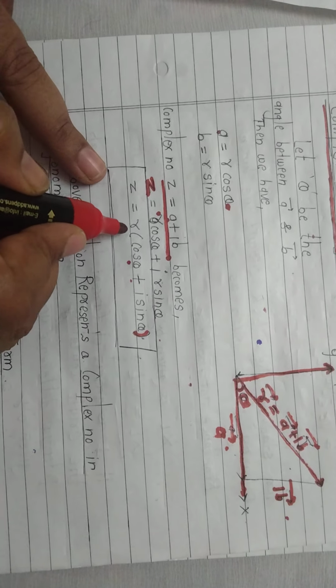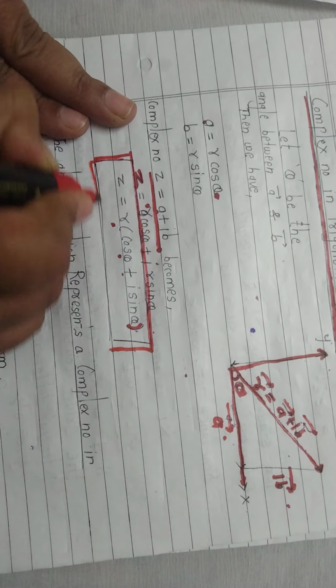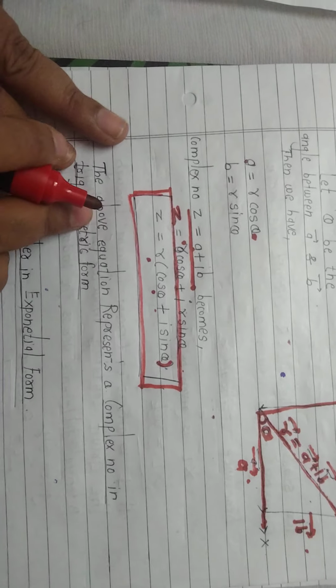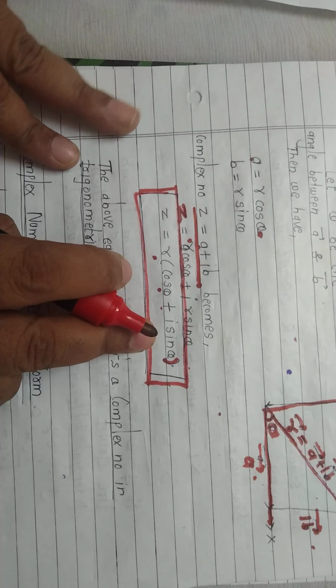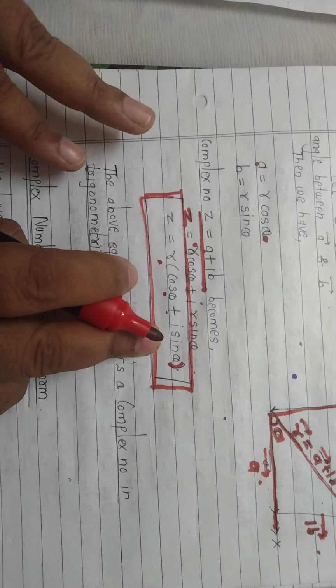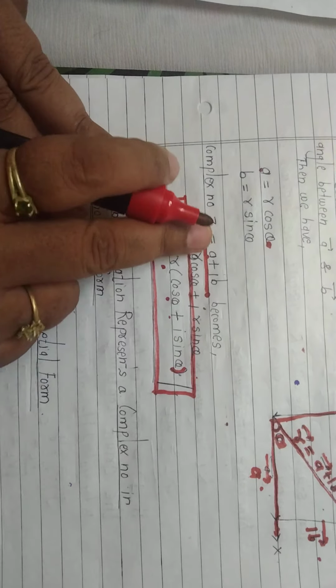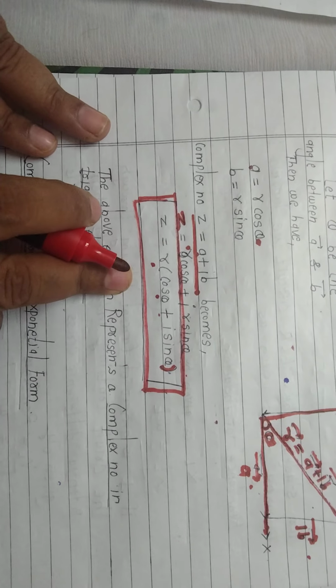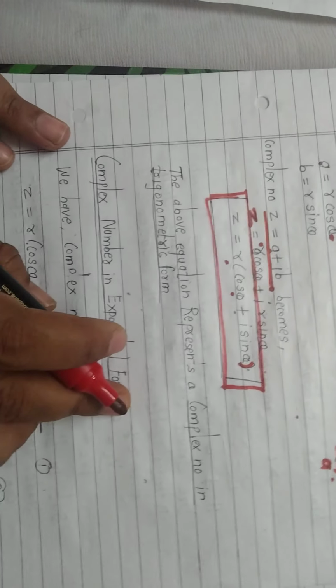So z is equal to r times cos theta plus i sin theta. This equation represents the complex number in trigonometric form. First, we get the complex number along the xy axis: z is equal to a plus ib. Second, we get the complex number in trigonometric form: z is equal to r cos theta plus i r sin theta.